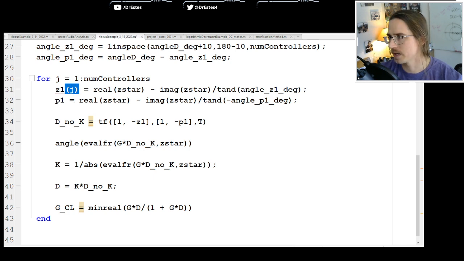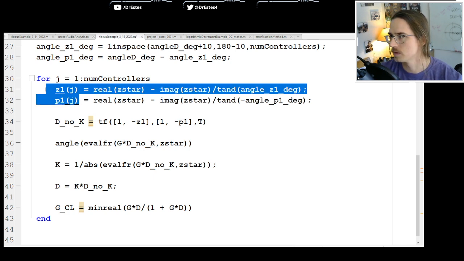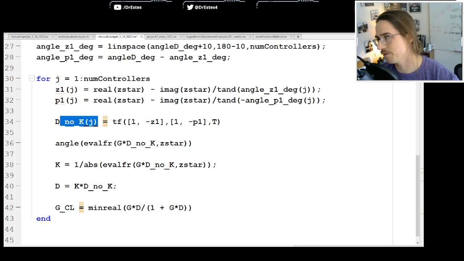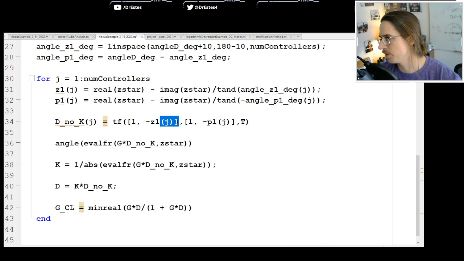So we have to make an index for each of these. And over here in this formula, we have to pick the proper angle of the 0. So I should pick the jth 0 angle, the jth pole. And here we go. For transfer functions in Matlab, you can also create a vector of transfer functions. So this will be the jth index of D. And so basically, I'm just going to blast through this.